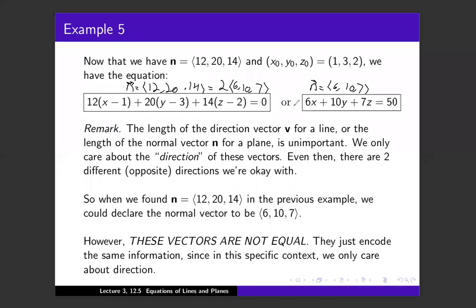They're parallel, and the fact that they're parallel means that they encode the same information for us. Because in this specific context of finding the plane equations, we only care about the direction. Okay, so with all that in mind, let's move right along.